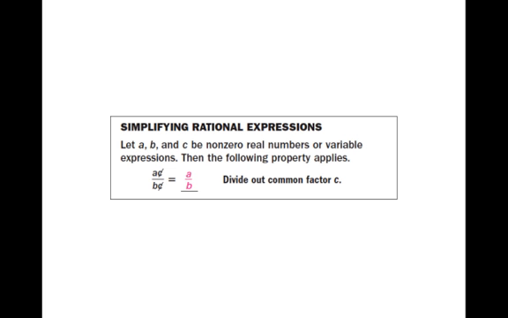All right, so let A, B, and C be non-zero real numbers or variable expressions, then the following property applies. If you can factor the top to be A times C and the bottom to be B times C, you can divide out the common factor C and reduce to A over B. All right, we're going to simplify a rational expression.